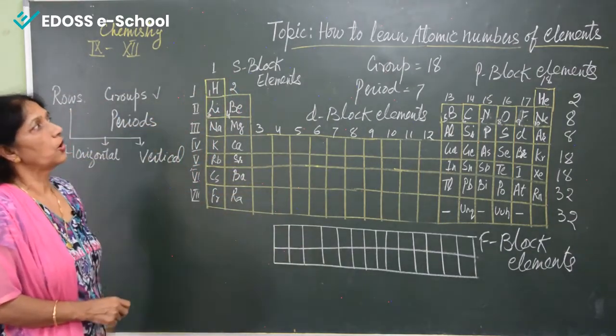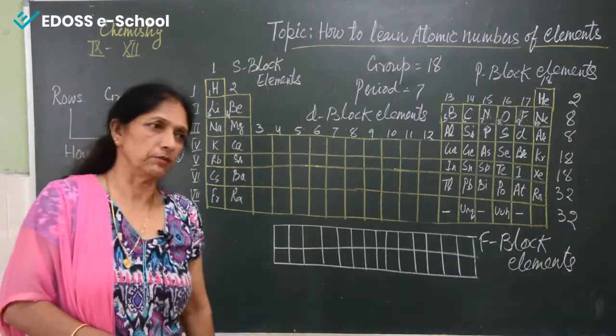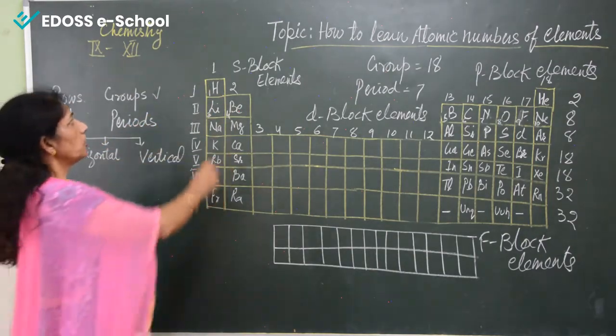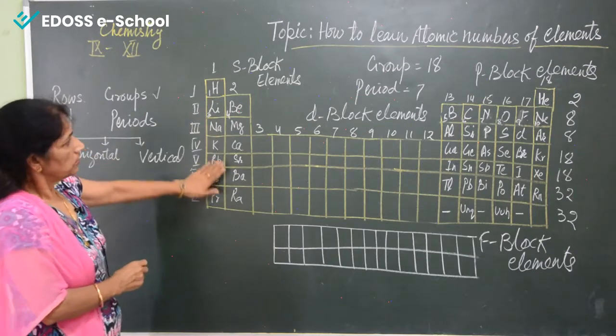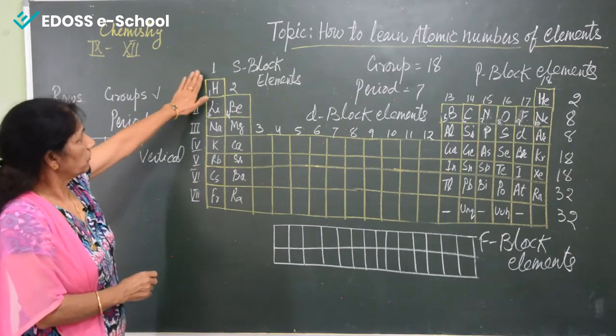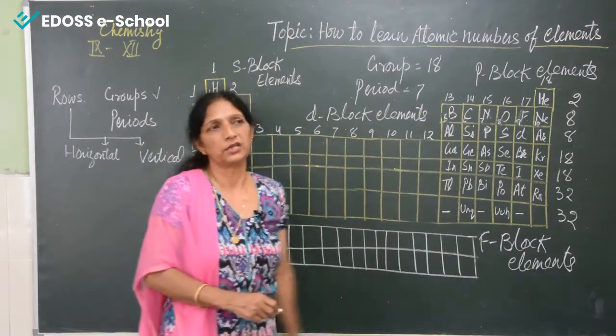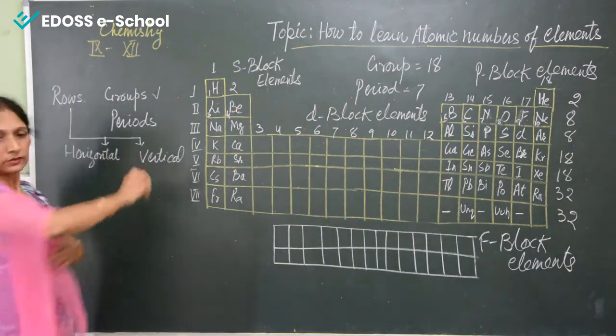Now our topic is how to learn the atomic number of the elements. For this I have written all the elements of groups 1, 2, 13, 14, 15, 16, 17 and 18.